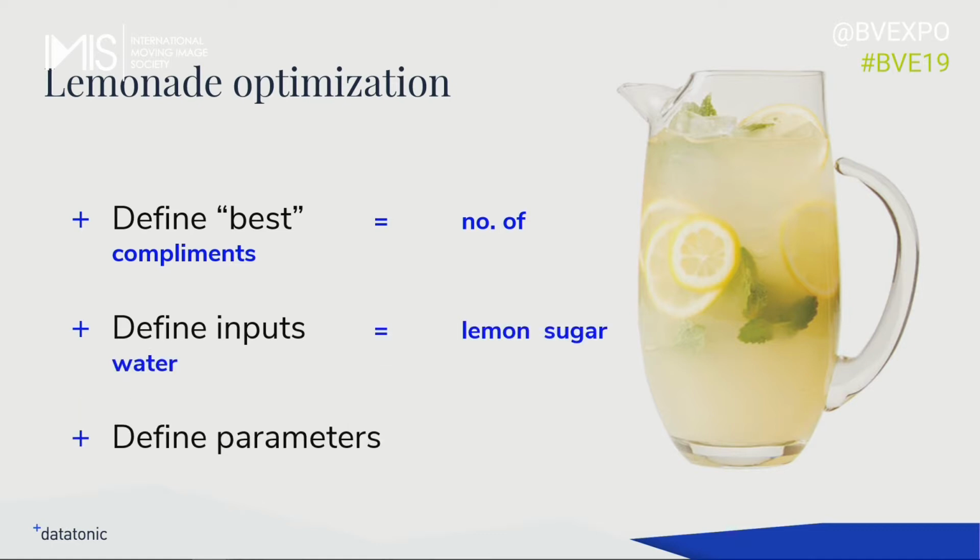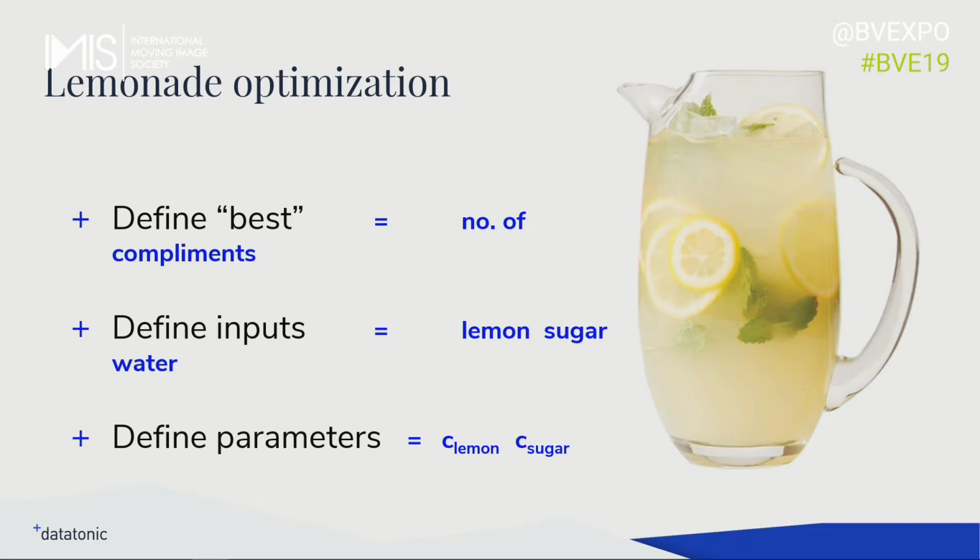The inputs for the lemonade example are obviously lemon, sugar, and water, if you're being conventional. And again, in the asking for donations setup, your input is that at some point you're going to display a banner saying, please give us money.